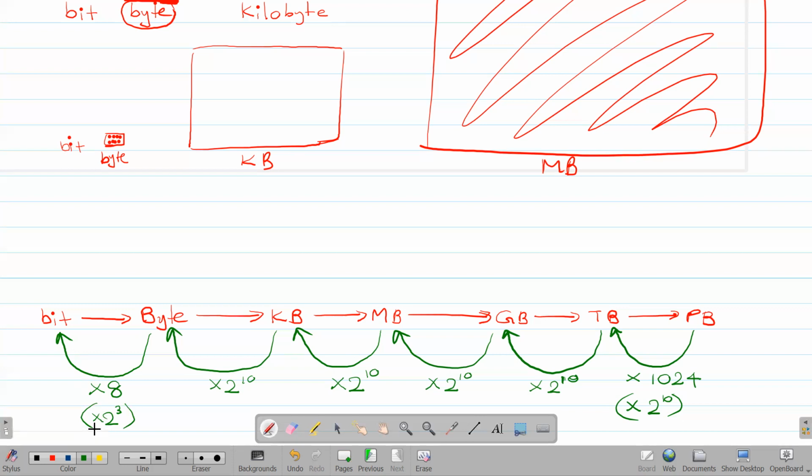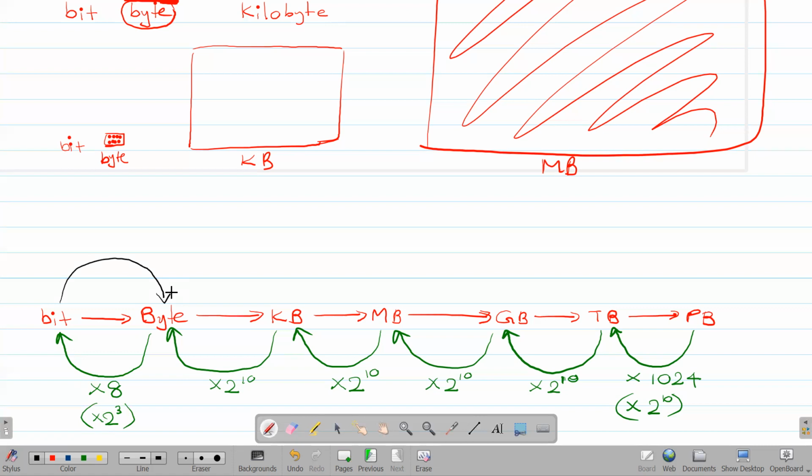Then when we are doing the other way around, like if we are asked to convert bits into bytes, we are going to divide by 8.